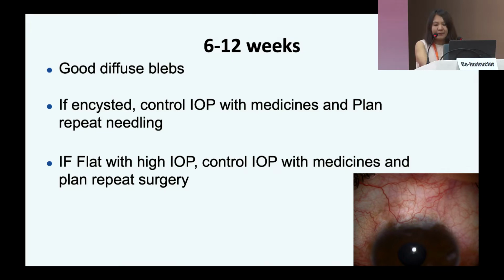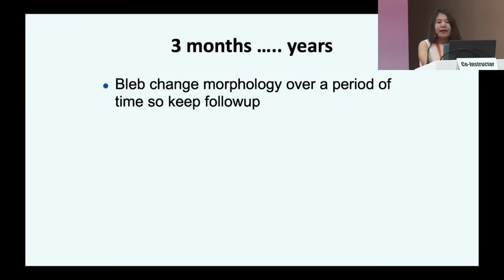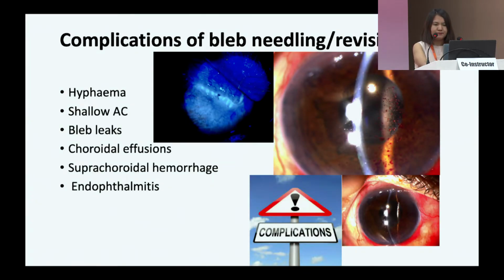But if it's a flat bleb, you can plan a repeat surgery or a glaucoma drainage implant in such cases. And always remember that after any filtration surgery and a revision surgery, the bleb is constantly evolving. The bleb is always undergoing changes throughout. So it's an ongoing process, and you must keep follow-up over a period of many years.